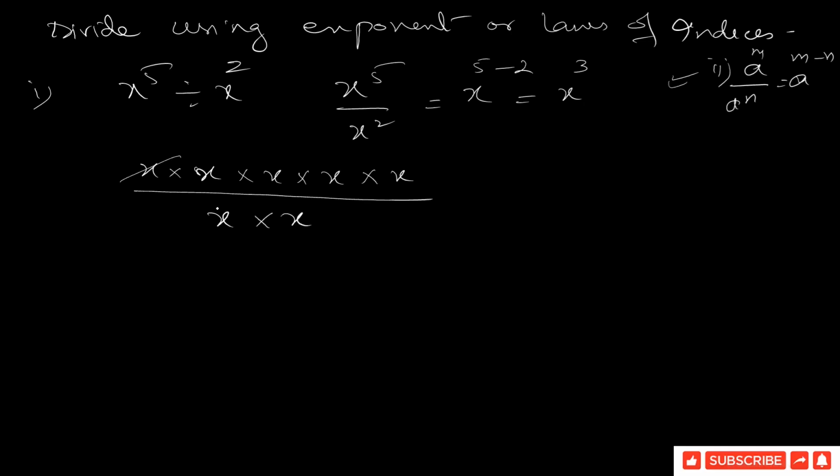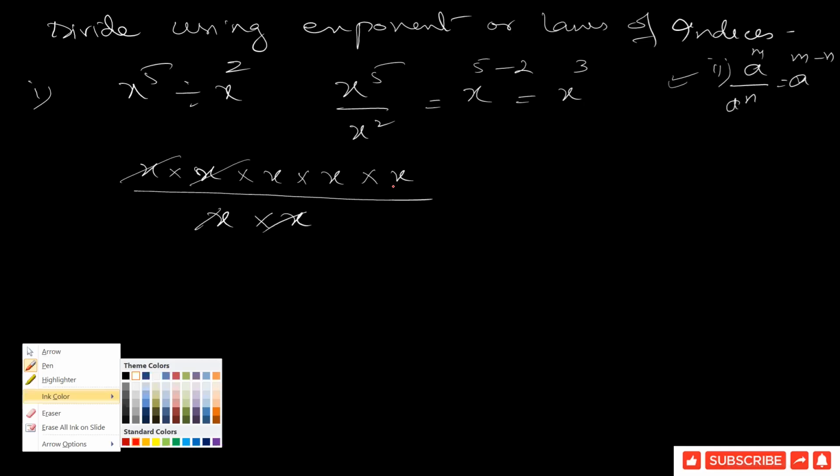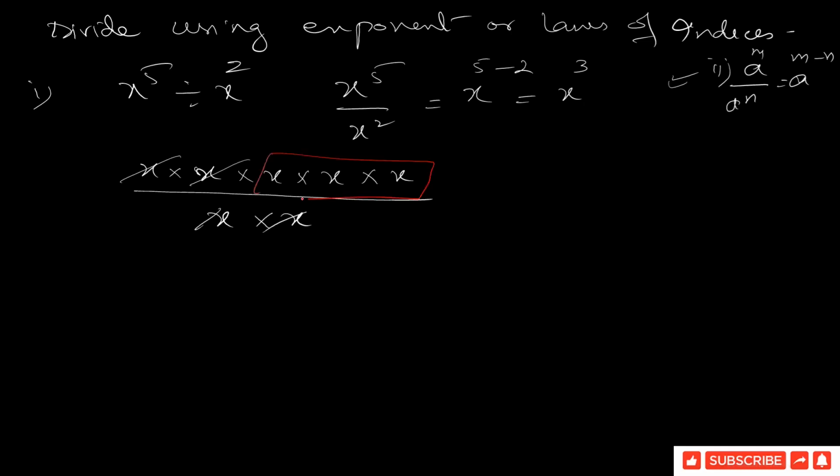So now these two x's are gone, and the answer is x power 3, because there are 3 x's being multiplied together. So in this way, we can see that the second law is valid.